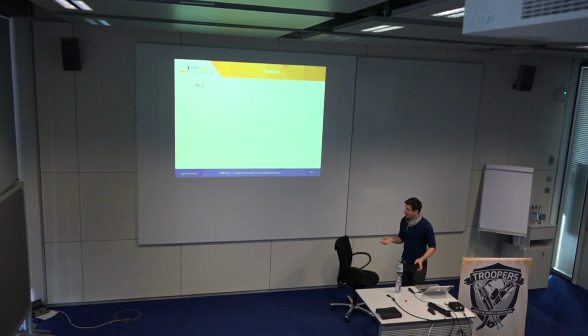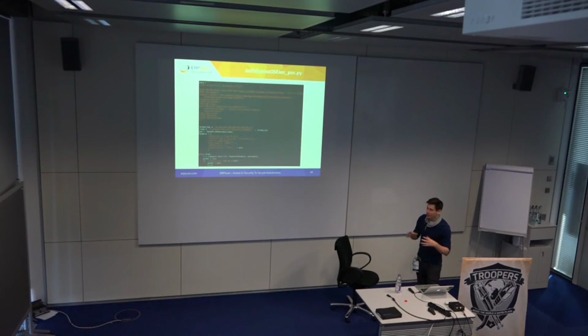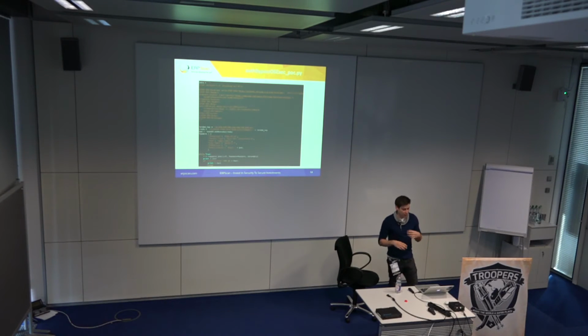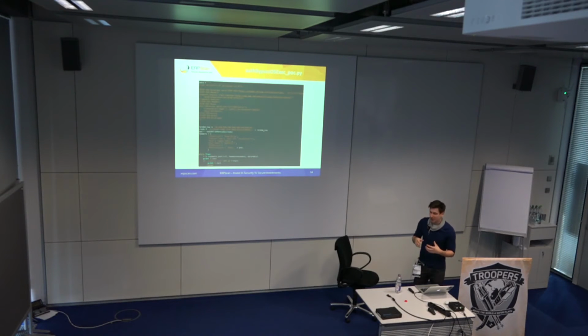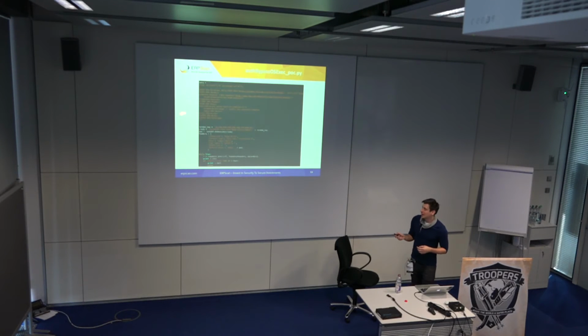But we didn't give up, and we tried to debug a little. We wrote a small Python script which tried to execute a SOAP request with the OSExecute method, using for authentication our hard-coded username and a random password.